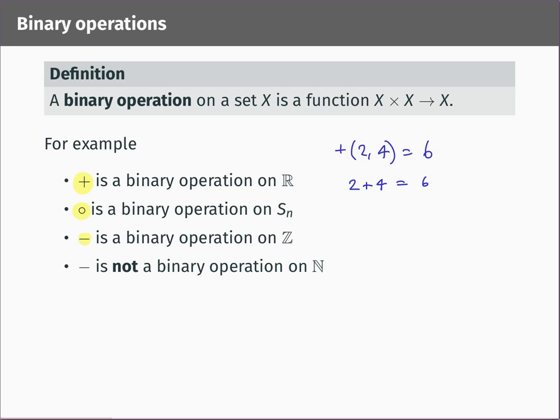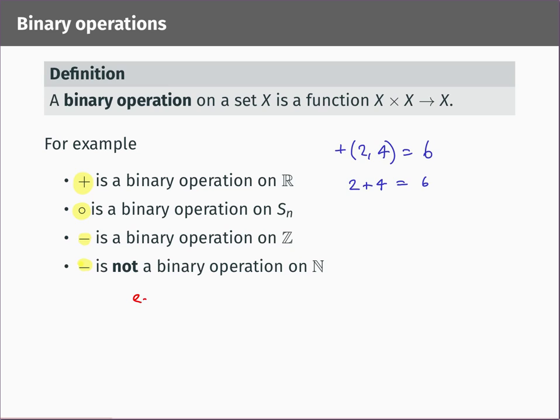On the other hand, minus is not a binary operation on the natural numbers. Remember, a binary operation on a set X is a function from X cross X to X. So the output must always be an element of the same set X again. That's not true for subtracting two natural numbers. You can subtract two natural numbers and get something which is not a natural number.